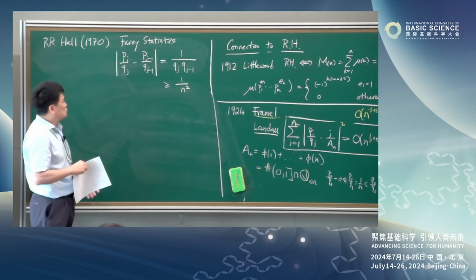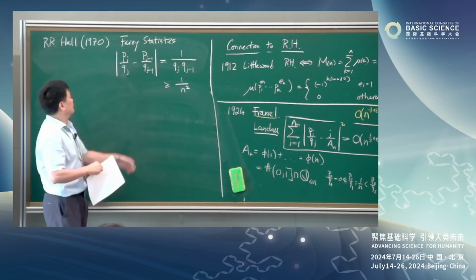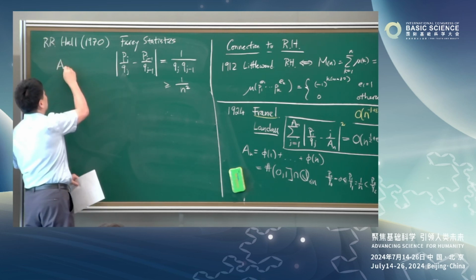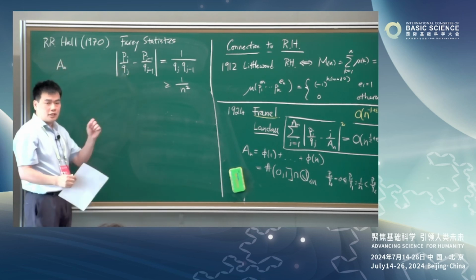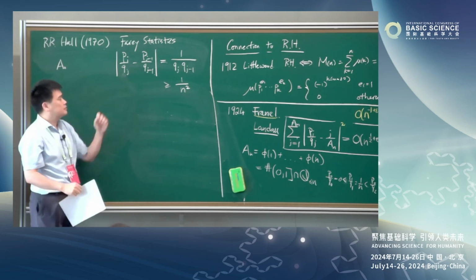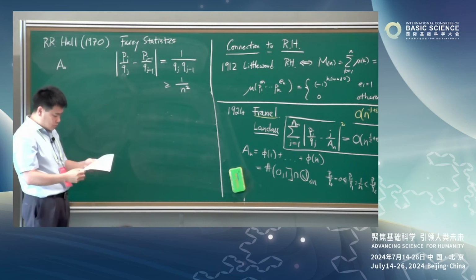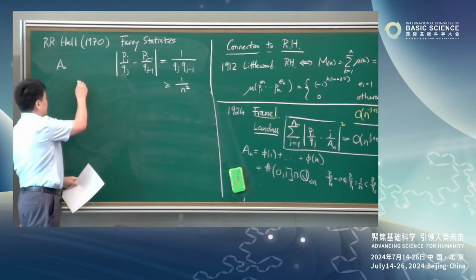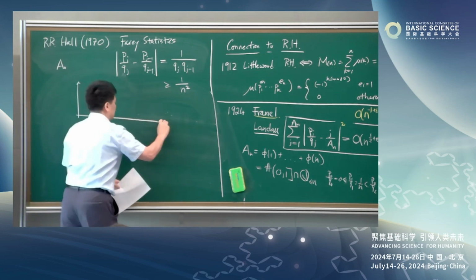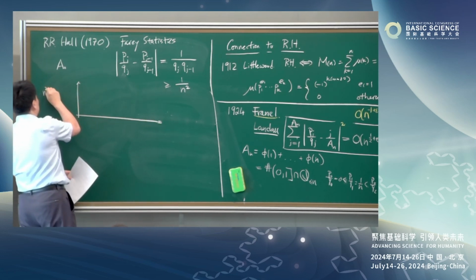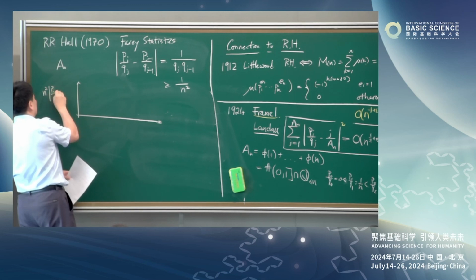For each n, there are a_n such numbers, and you look at the distribution of such numbers. You want to rescale by n squared, so you take this gap and scale it up by n squared.